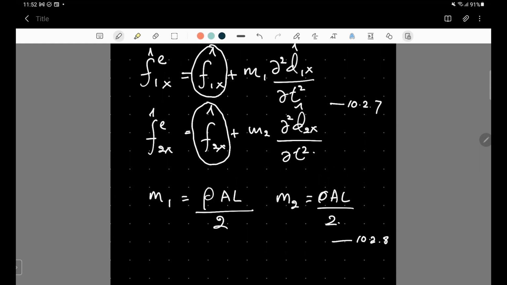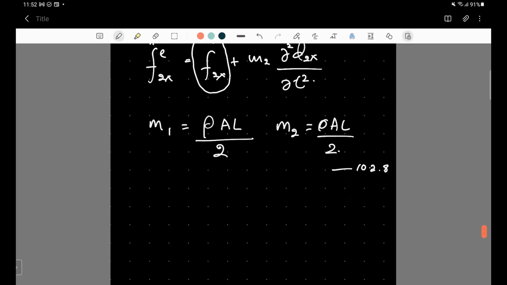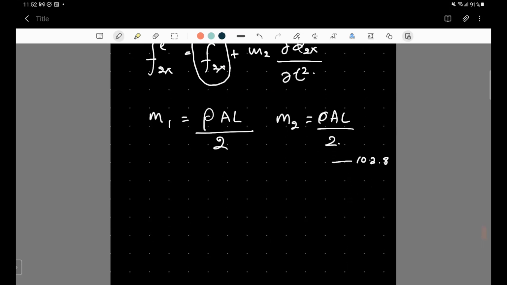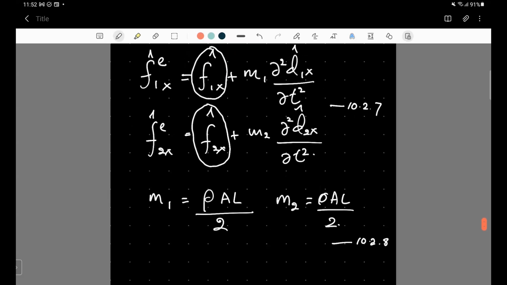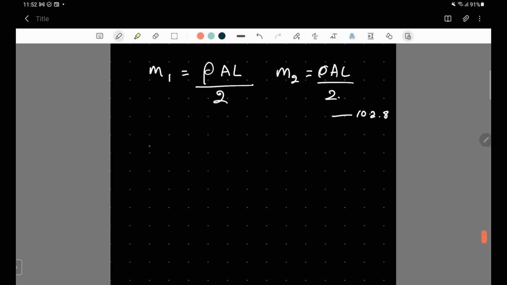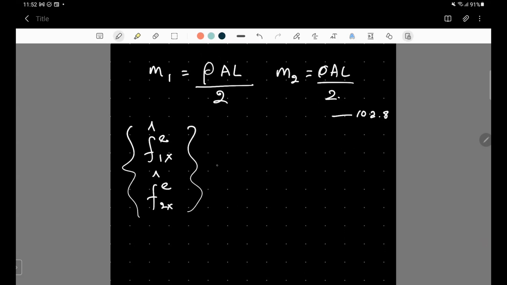Before that, let's write these two force equations given by 10.2.7 in matrix form. On the left hand side, we have the time-dependent elemental forces acting on node 1 and node 2. And then we have the internal force contributions at node 1 and node 2.